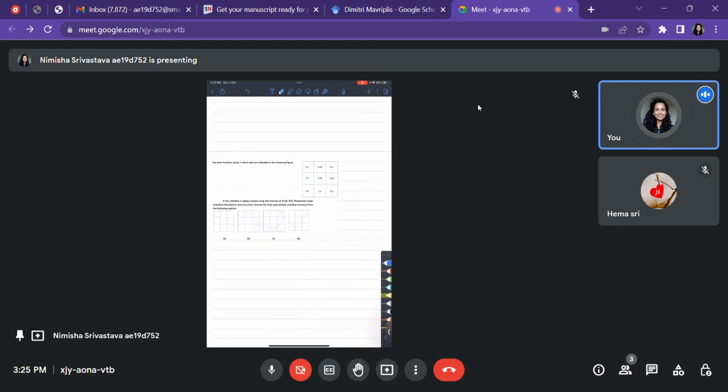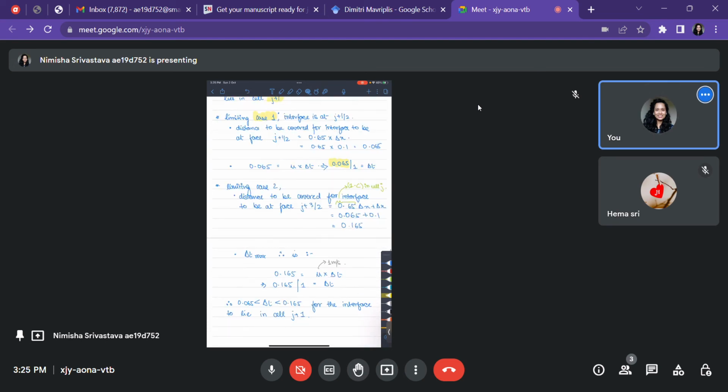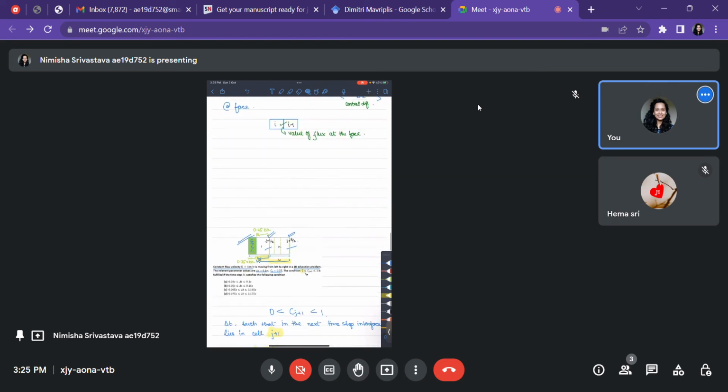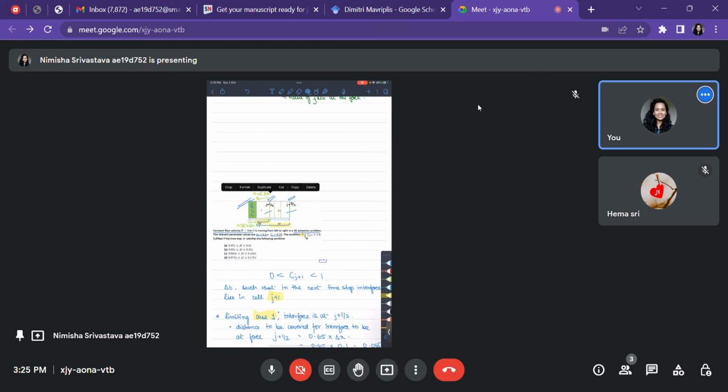So next, the color function values in 9 cells are indicated in the following figure. I hope it's visible. Let me increase the size. I hope it's visible, whatever questions I'm showing over here.